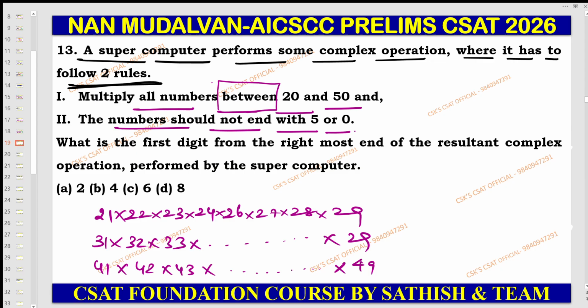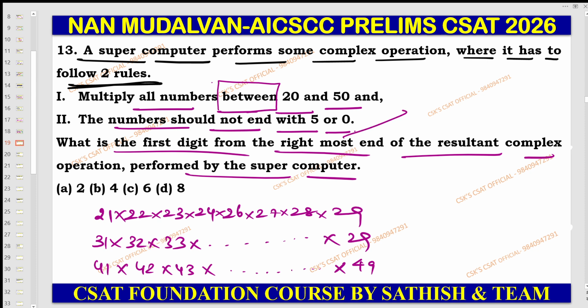Now one logic we can understand here: 1 into 2 into 3 into 4 into 6 into 7 into 8 into 9. Because the question is, what is the first digit from the rightmost end of the result performed by this supercomputer? What is the rightmost end? Unit digit. You have to find out the unit digit. When the concept is a unit digit, you focus only on the unit digit.